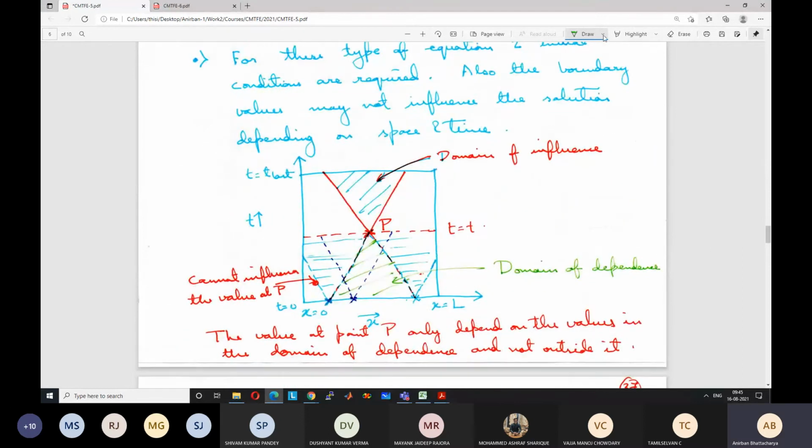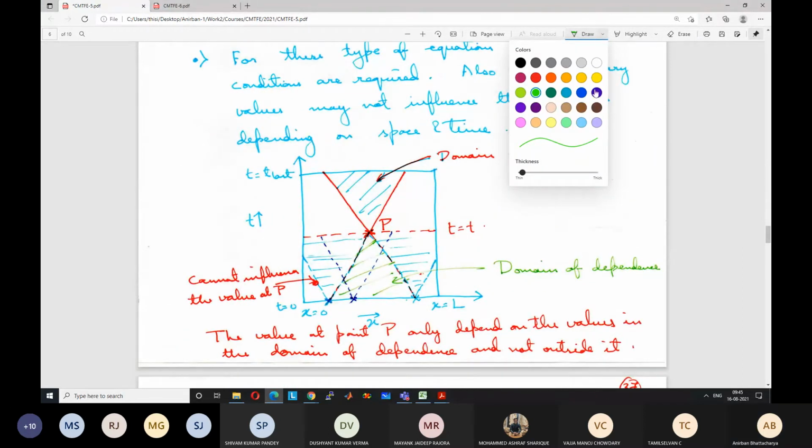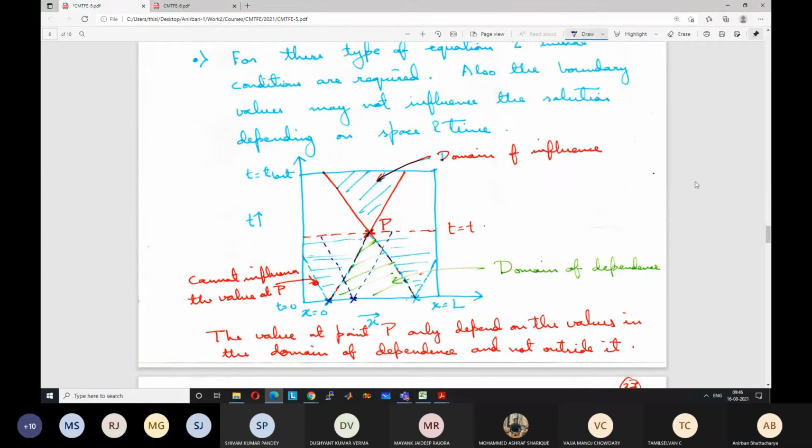Let us consider that I have given a fluctuation here, at this point, at time t equal to 0, at some non-zero x value. Its domain of influence goes in this direction as shown by the dashed line and in this direction as shown by this dashed line.